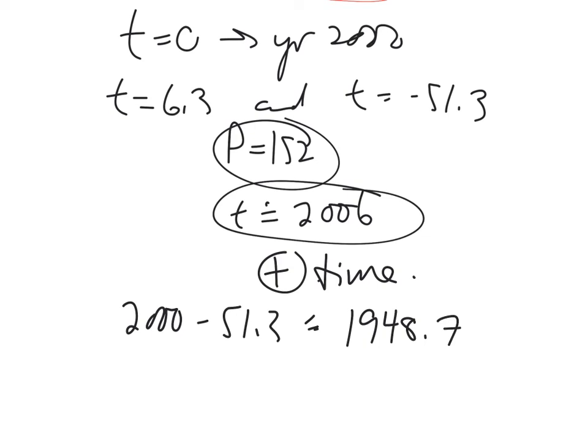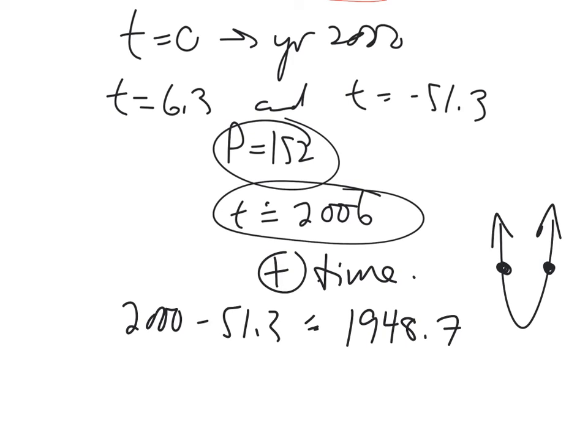And 1948.7 would be the other point on the parabola where the population equals 152,000. Given that the parabola is a positive parabola, this potentially could be the negative 51.3 point, and this potentially could be the 6.3 point, and we know that parabolas are symmetrical.